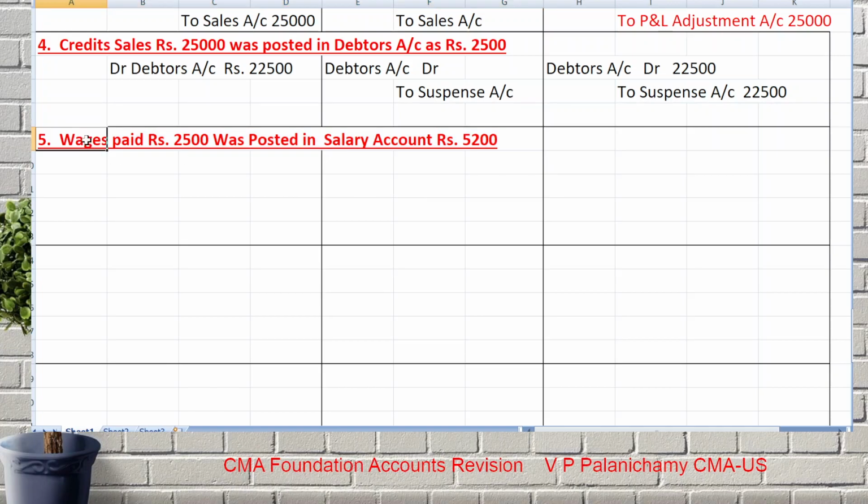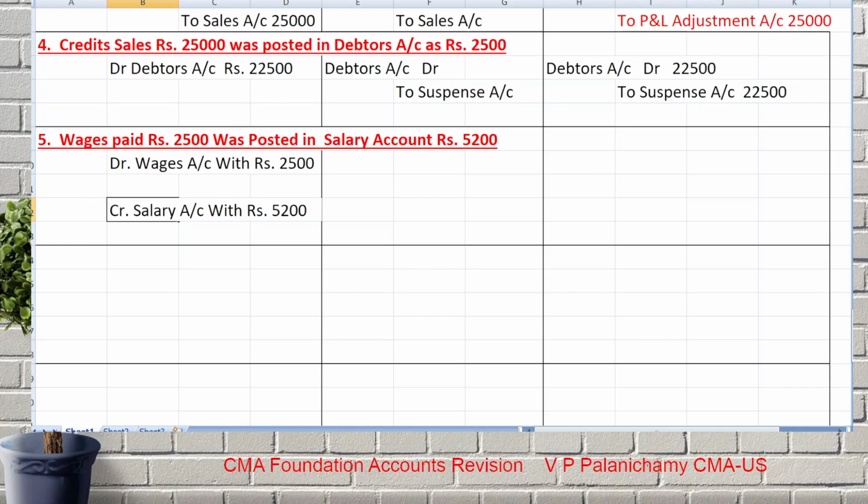Wages account should have been debited. Have we debited wages account? To rectify, debit wages account with rupees 2,500. What was wrongly recorded? We would have wrongly debited salary account. How to rectify this? Credit salary account with rupees 5,200.